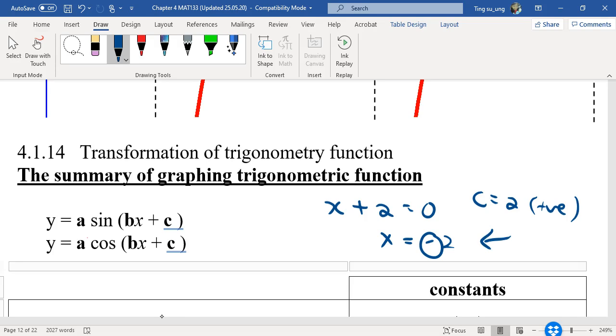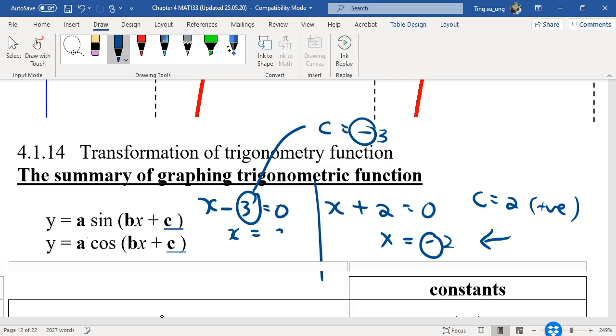Is that okay? So the same goes if let's say you have x minus 3 equal to 0. Your c here, obviously, is negative 3, right? With a negative value. So always remember, this is the same thing as obtaining the factor, right?